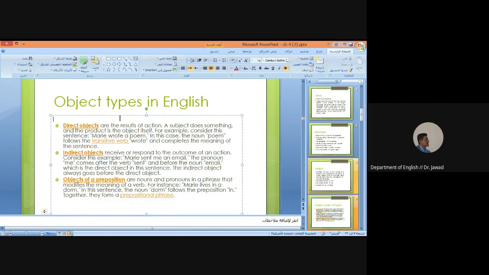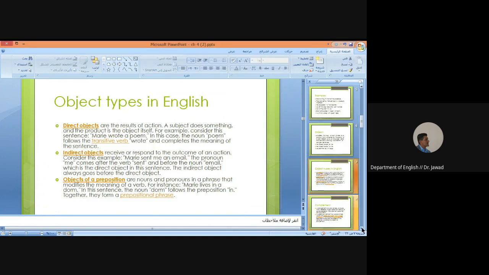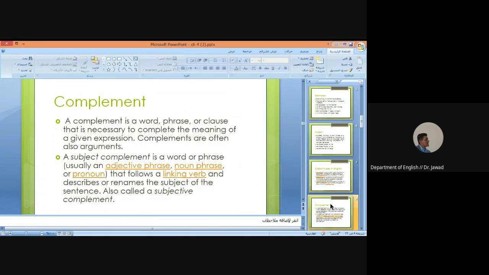As I have mentioned, this noun or pronoun is considered as the object of the preposition or as the complement of the preposition. Let us see another element, which is the complement.